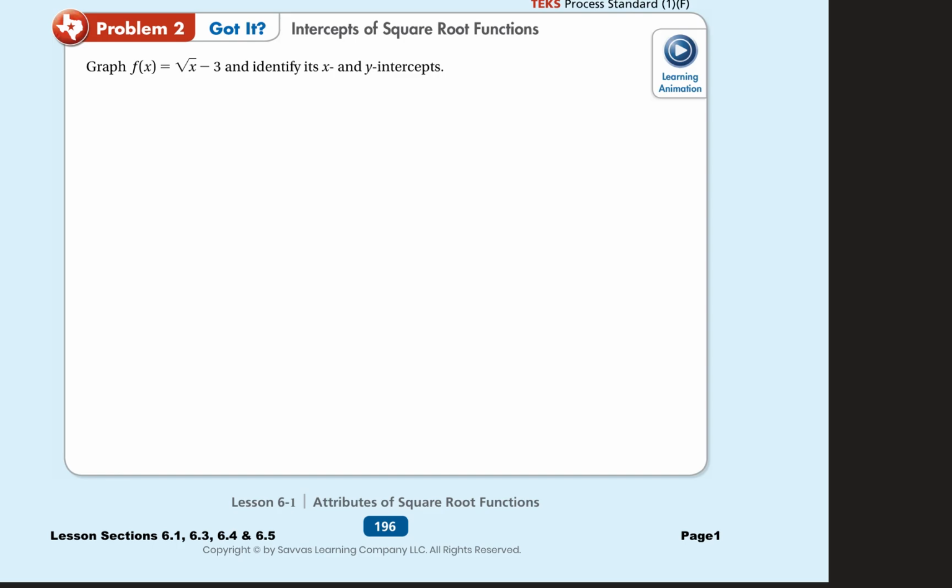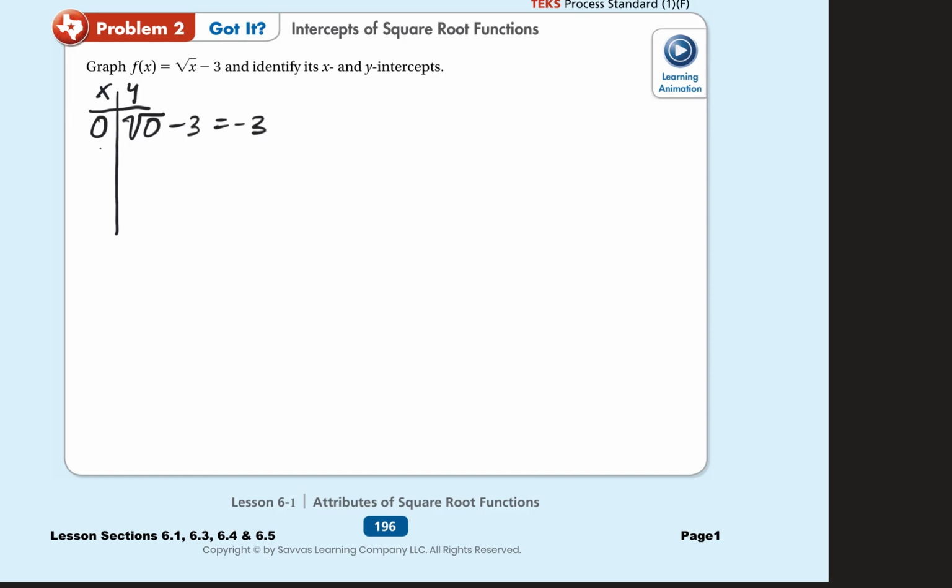Once again, I'm going to graph this. So I have x and y intercepts. I'm going to make a table, and I'm going to start with 0. The square root of 0 is 0, minus 3 gives you negative 3.